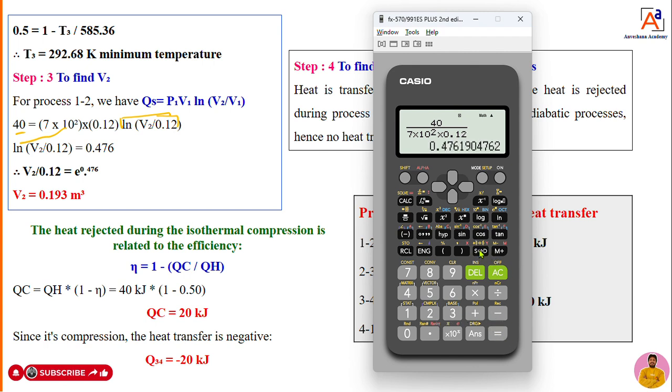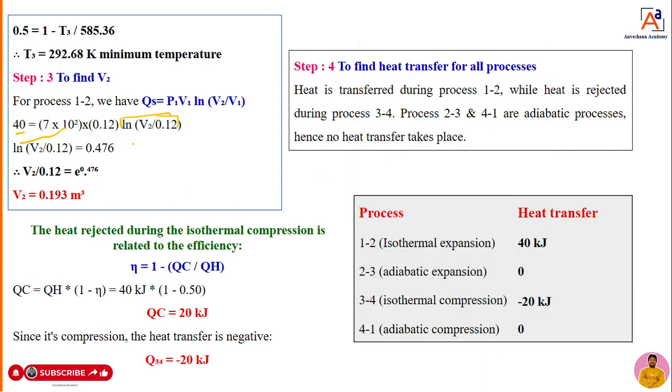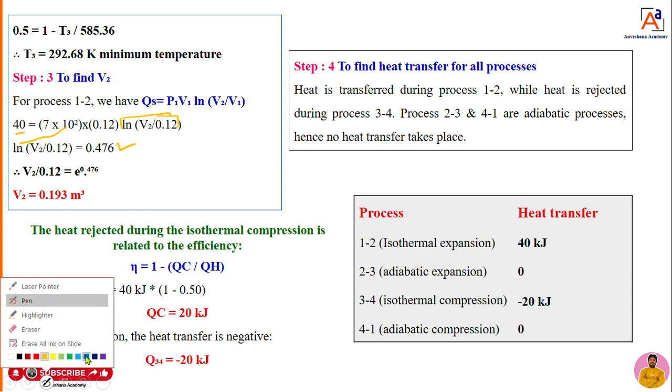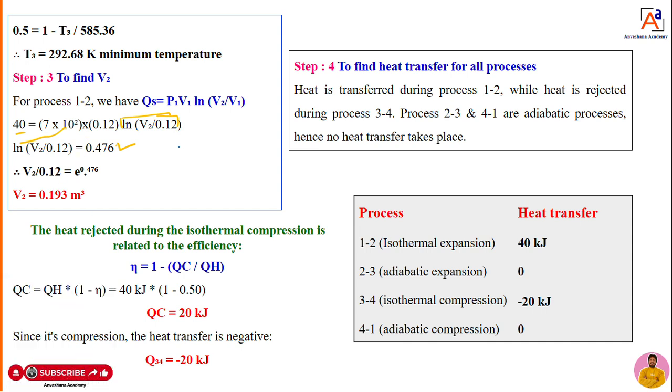You can mark it as 0.476. Once you have done that, the ln you can take to the right side. So what I can write is V2 divided by 0.12, already you know the 0.476.